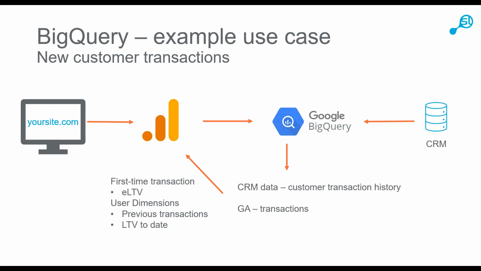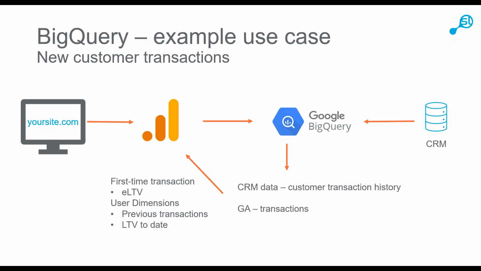Is it a credit card or a PayPal payment? Is it a first-time purchase or a repeat customer? If it's a repeat customer, how much have they spent to date? There's a lot of information you can get, but that information has to come from the CRM. And if your CMS and your CRM aren't tightly enough integrated, you can't get that information on the thank you page in time.